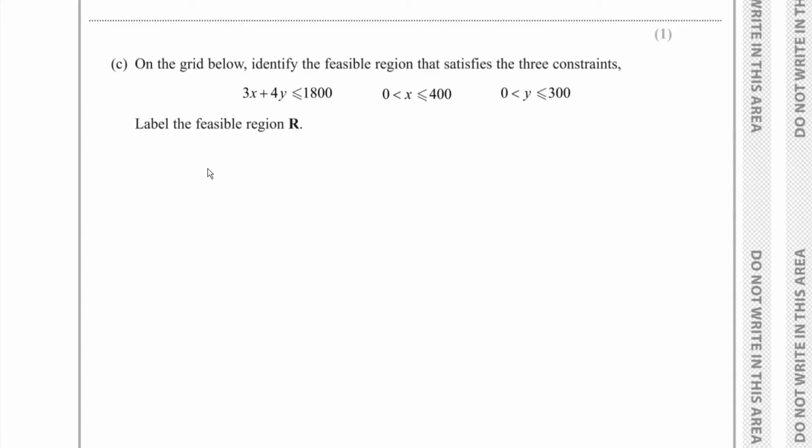Let's choose another point, such as x equals 400. In this case, we have 3 multiplied by 400 plus 4y equals 1800. And so if I do 1800 subtract 3 times 400, which is 600, and then divide that by 4, I get 150. So when x is equal to 400, y is equal to 150.